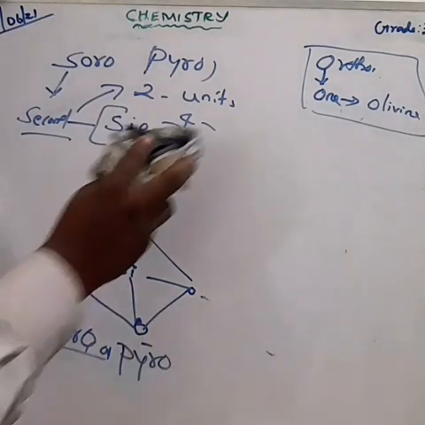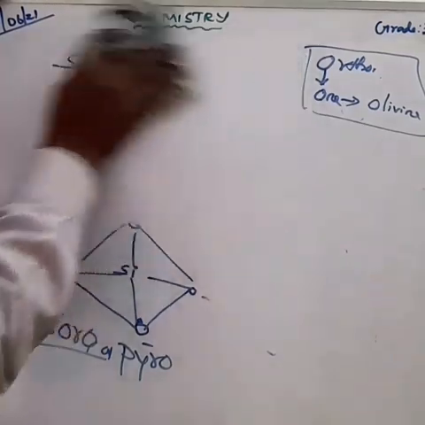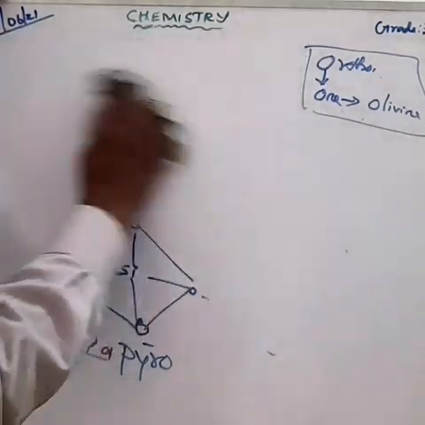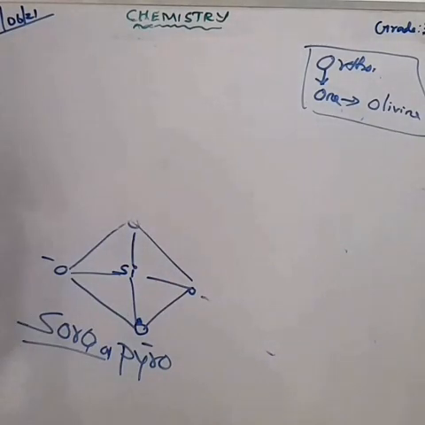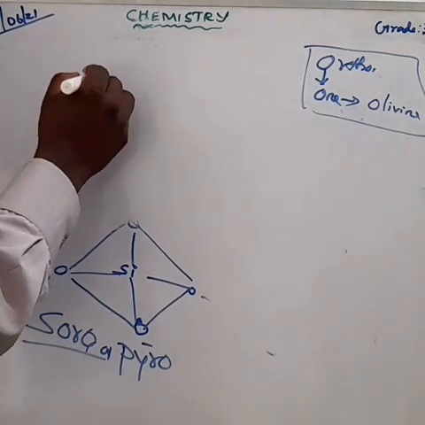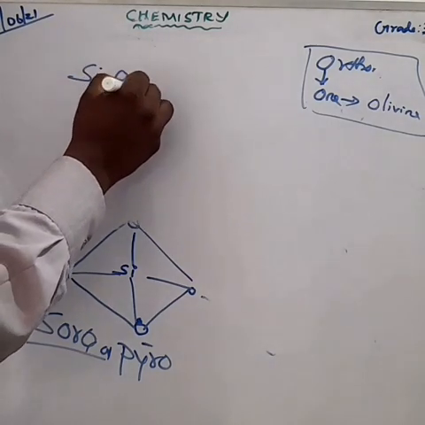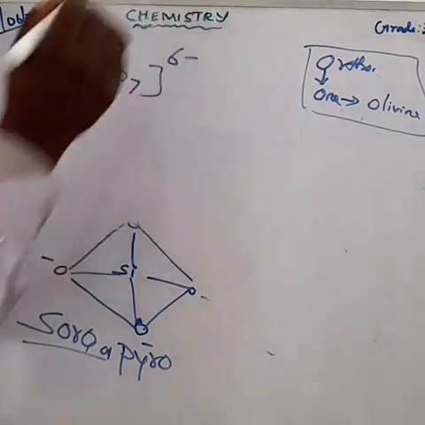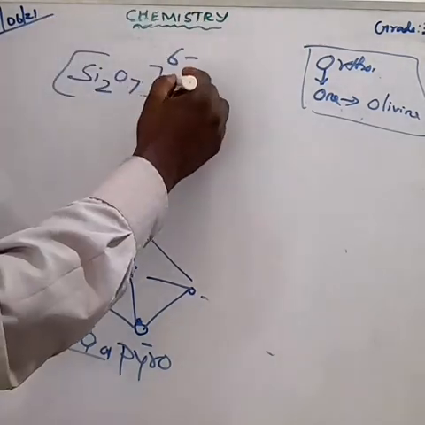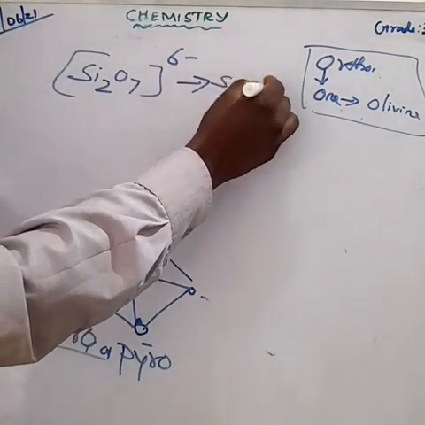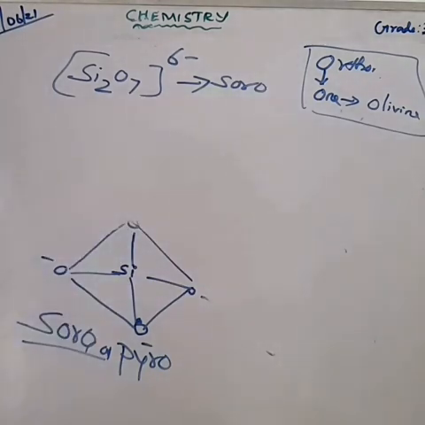Sorosilicate is one of the silicates. It contains Si2O7 6 minus ions, which are called pyrosilicate, or we can say sorosilicate. How are the sorosilicates formed?